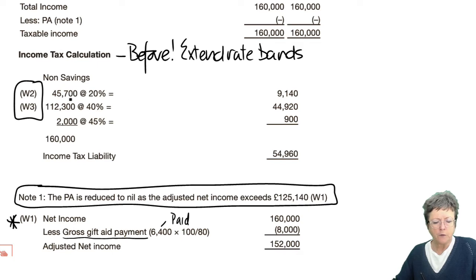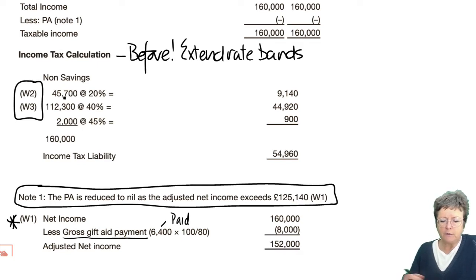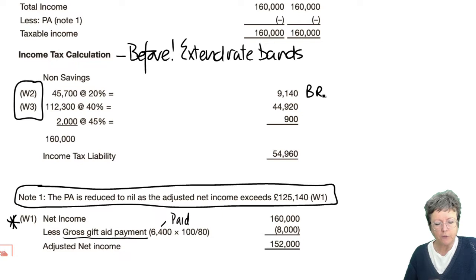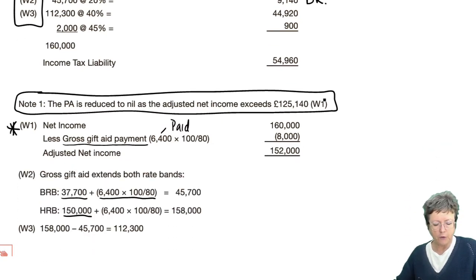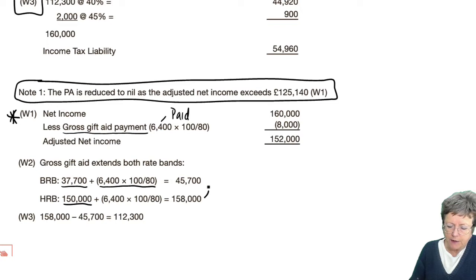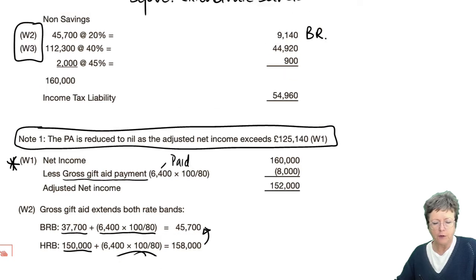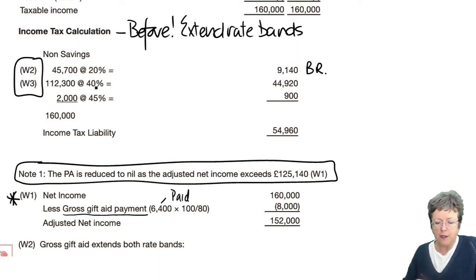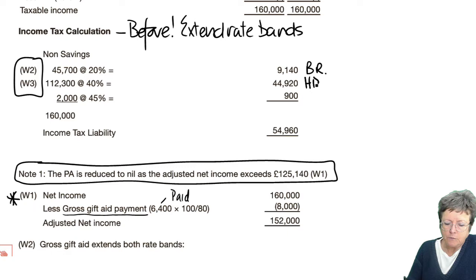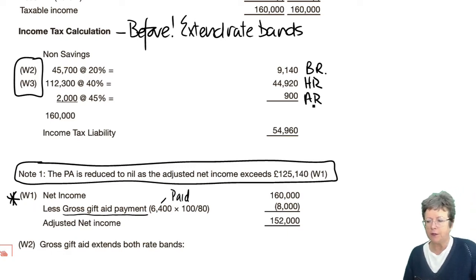So 45,700 is at basic rate. 112,300, and you look at note number 3, which is that less that, which gives you the amount of 112,300. That's how much he pays at high rate. And then you've got additional rate tax at 45%, giving him a total liability of 54,960.